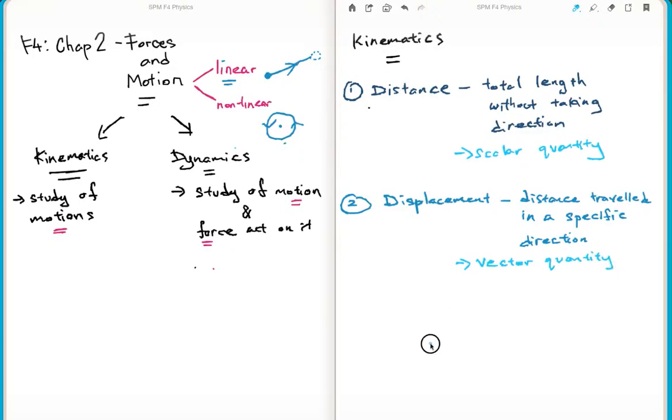So let me give an example. How do you differentiate? A very clear way is by looking at a map.